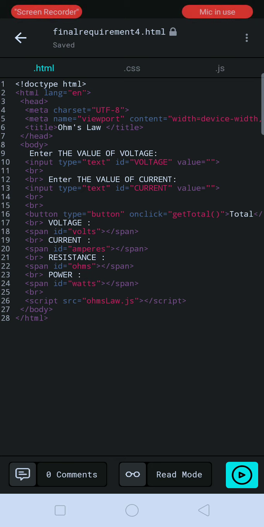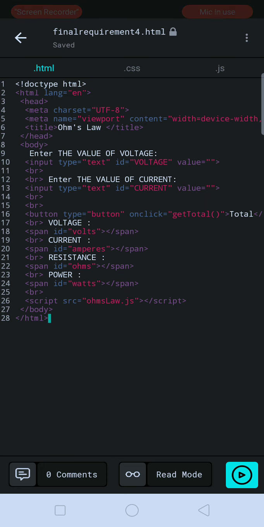Then the output is voltage. The ID of voltage is volts. Then current. The ID of current is amperes. Then the resistance. The ID of resistance is ohms. Then the power is, the ID of power is watts. Then script src is ohmslaw.js.